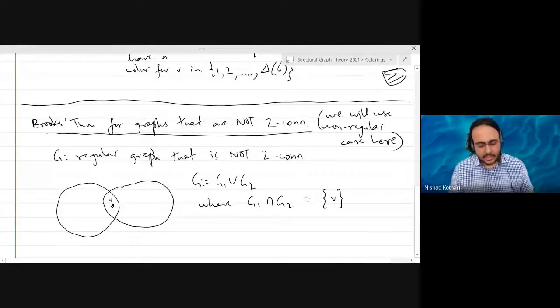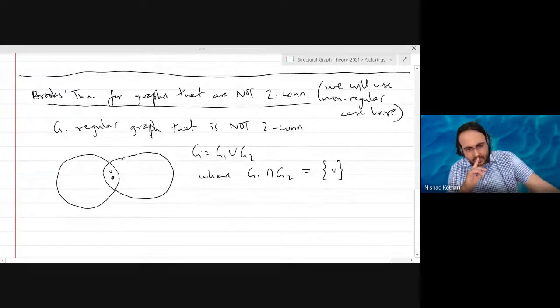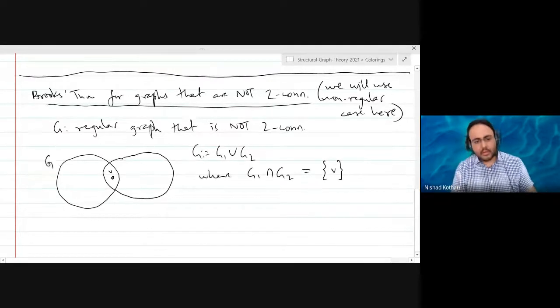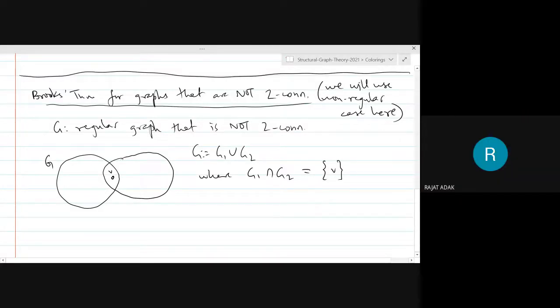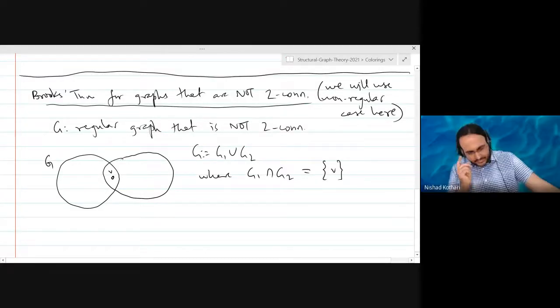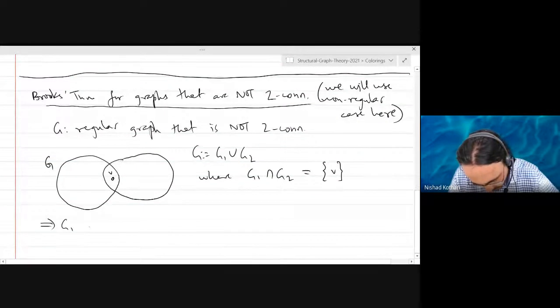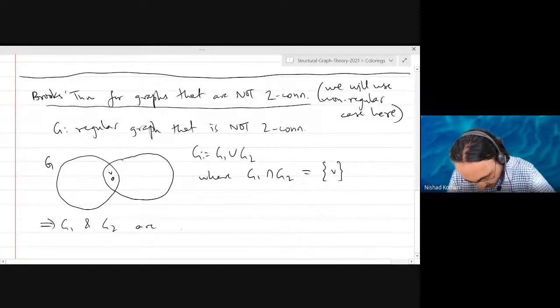So can anybody tell me how we will get a delta coloring of this graph, using the fact that the given graph is regular and we know how to deal with non-regular graphs? Well, G1 and G2 are independently not regular, right? Exactly. Notice that G1 and G2 are not regular.